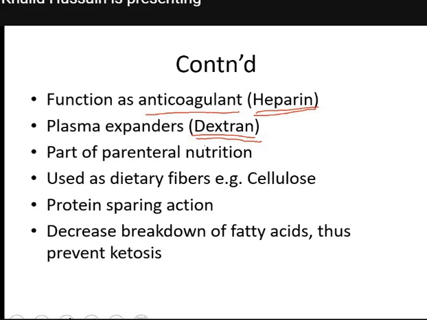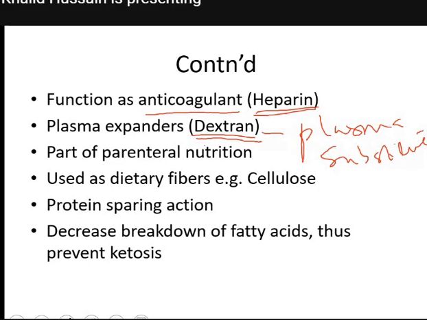We have to take the plasma from a person, so a huge amount of plasma cannot be made available. So plasma substitutes are given. This dextran is a plasma substitute.